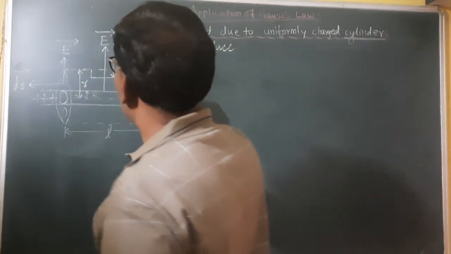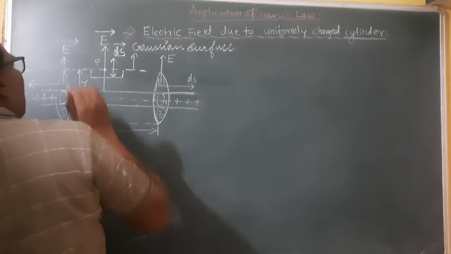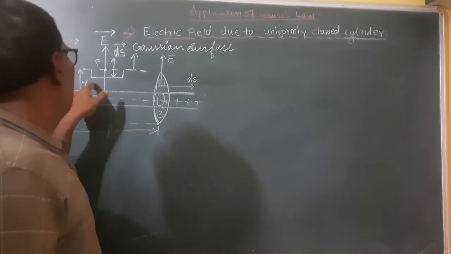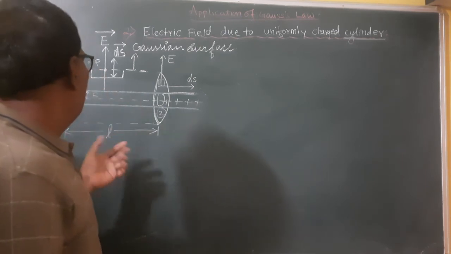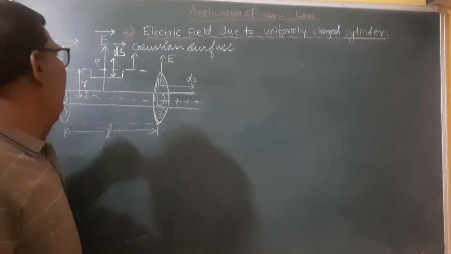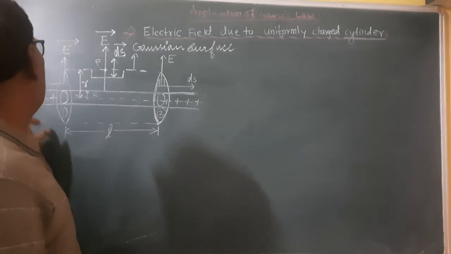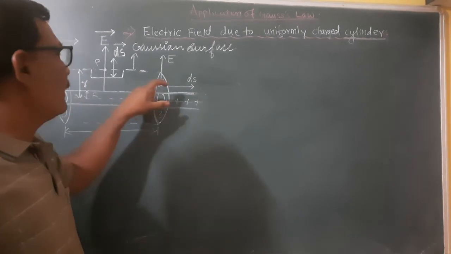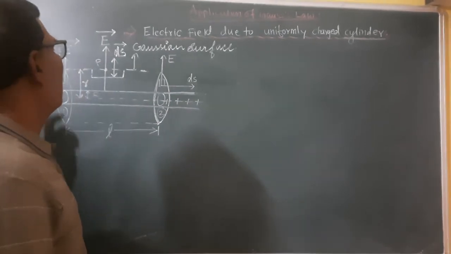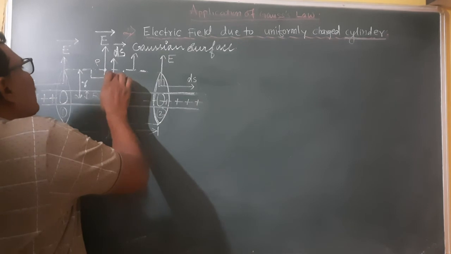This point is considered as point P, at a distance small r. Capital R is the radius of the inner cylinder, and small r is the radius of the outer cylinder. The inner cylinder is a charged cylinder and the outer cylinder is a Gaussian cylinder. We have to find the electric field intensity at this point.